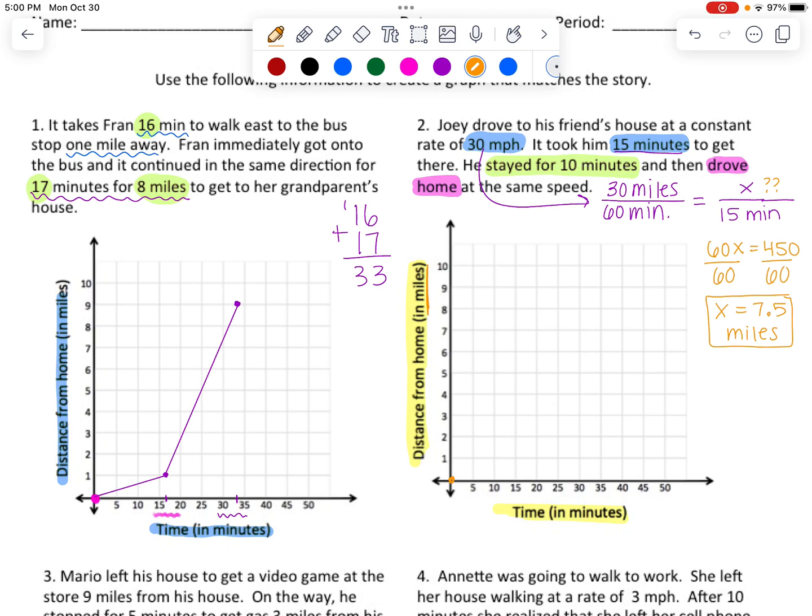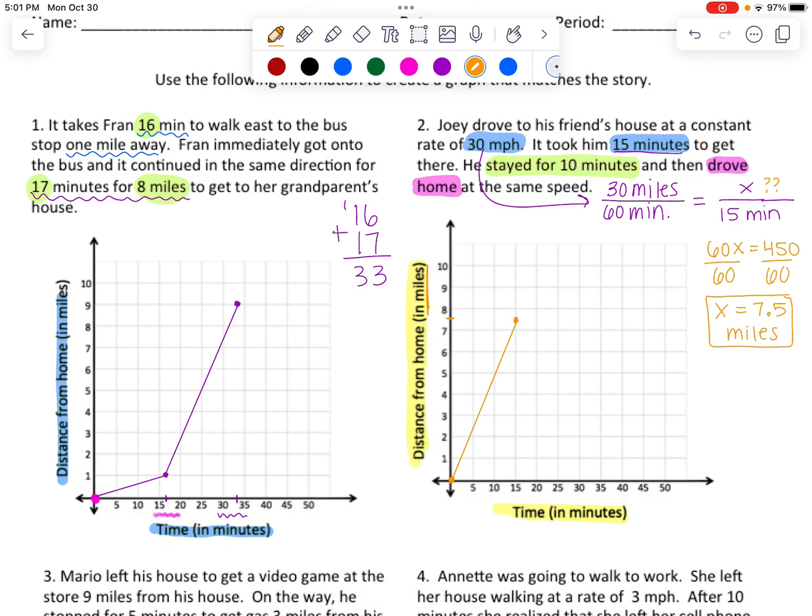And then it's telling us that after 15 minutes, he's 7.5 miles away from home. So 15 minutes, I'm going to put my dot in between the 7 and the 8 to represent 7.5. I'm going to draw that little hash mark so you can see what I'm talking about. And I'm going to connect my points as best as possible. Okay, that's the first part.